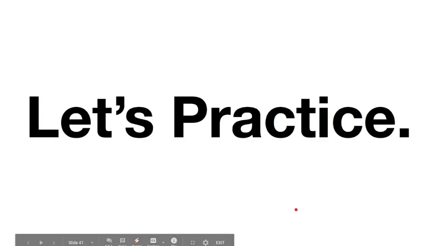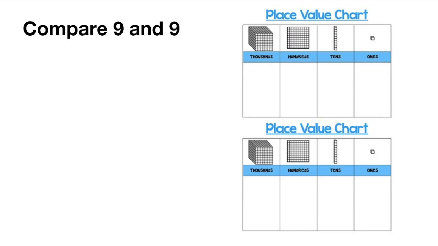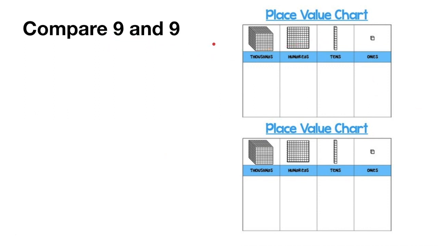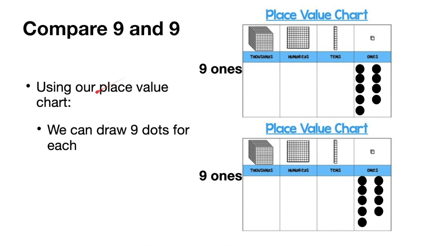Okay? So let's do a little bit of practice together. I'm going to walk you guys through this so we can really solidify what we just learned. So I went ahead and got our place value charts out. So we are going to compare 9 and 9. So using our place value chart, they're the same number, right?